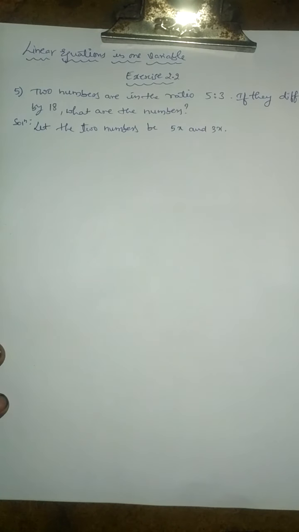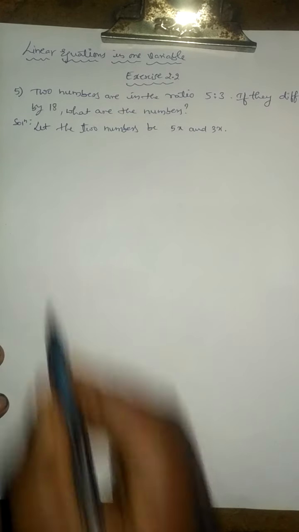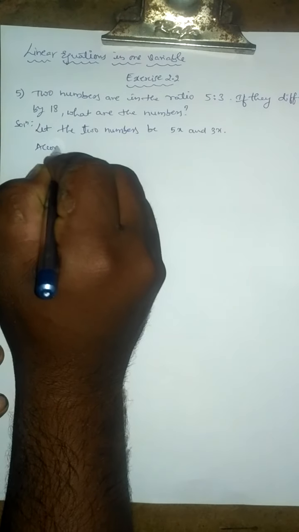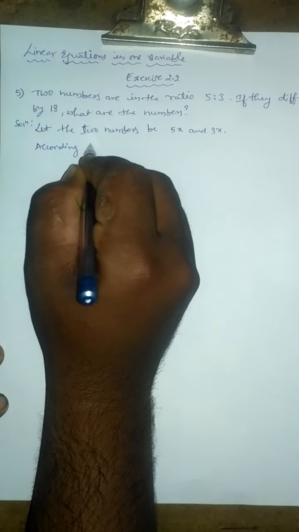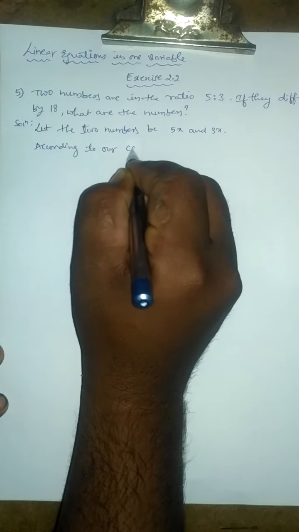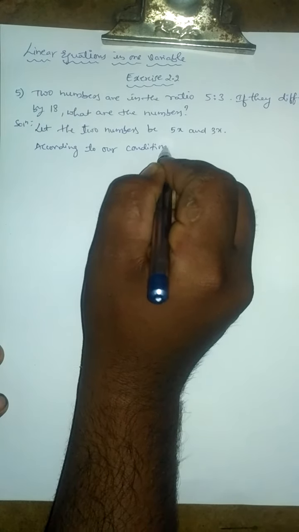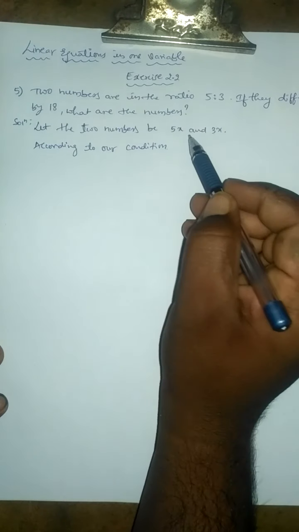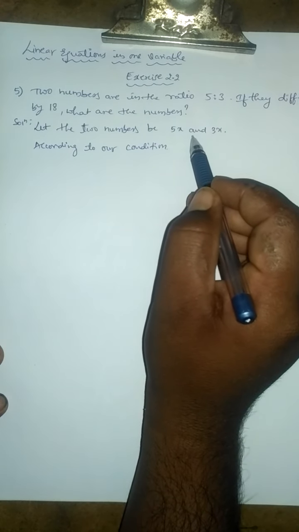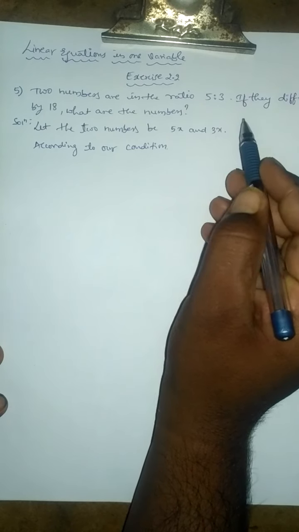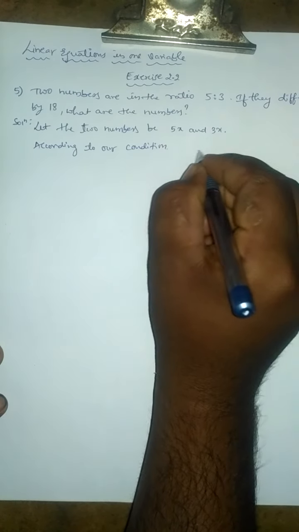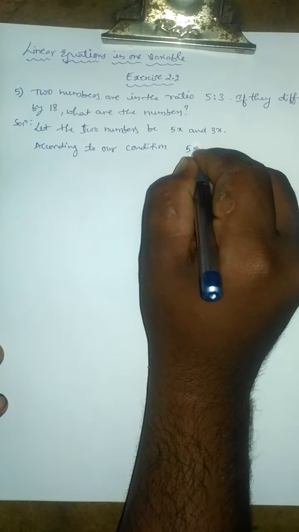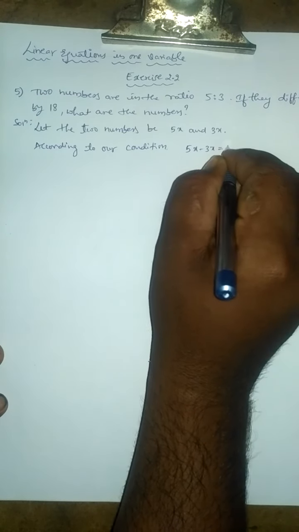Let the numbers be 5x and 3x. According to the condition, they differ by 18. It means the difference between these two numbers is 18. So according to this condition, 5x minus 3x is equal to 18.